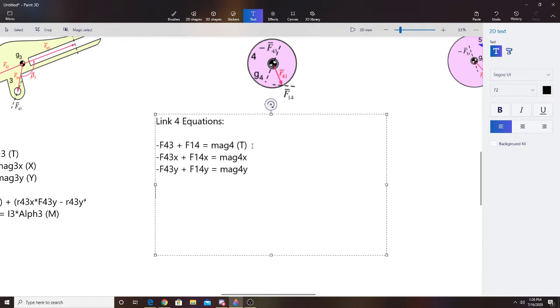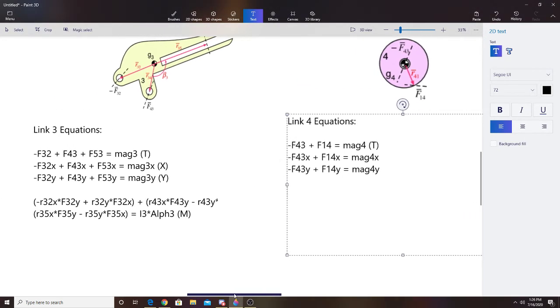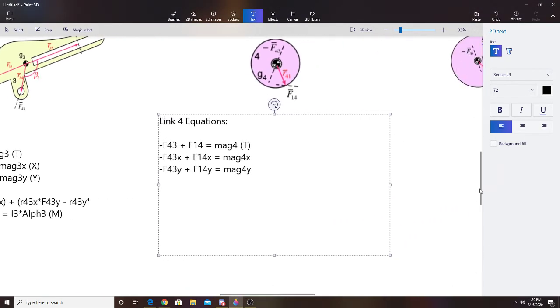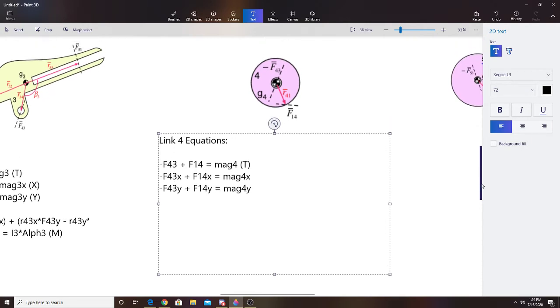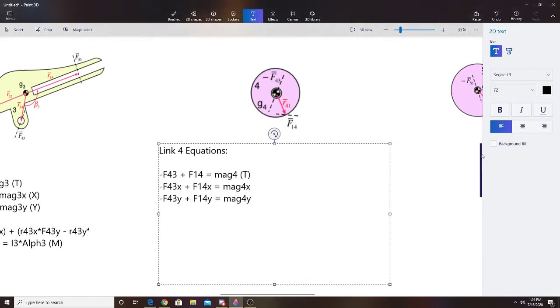Now what we have to do is this next part, which is the moment. Now, real quick though, because this is a rolling contact, we have to talk about something.